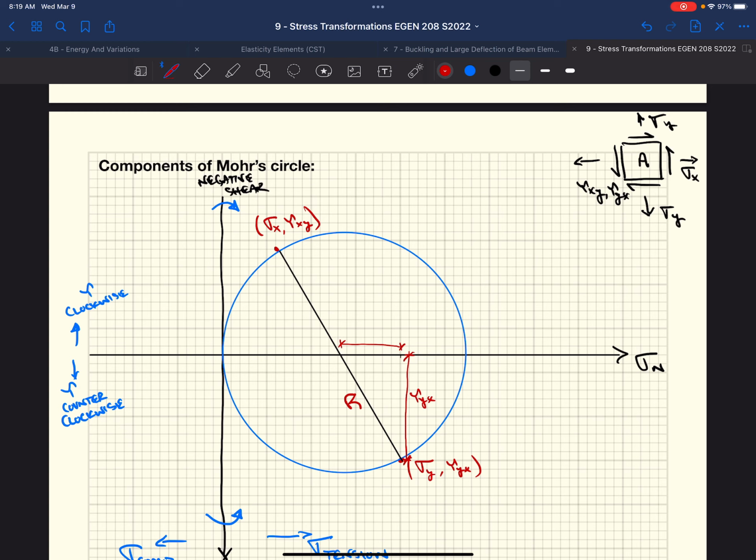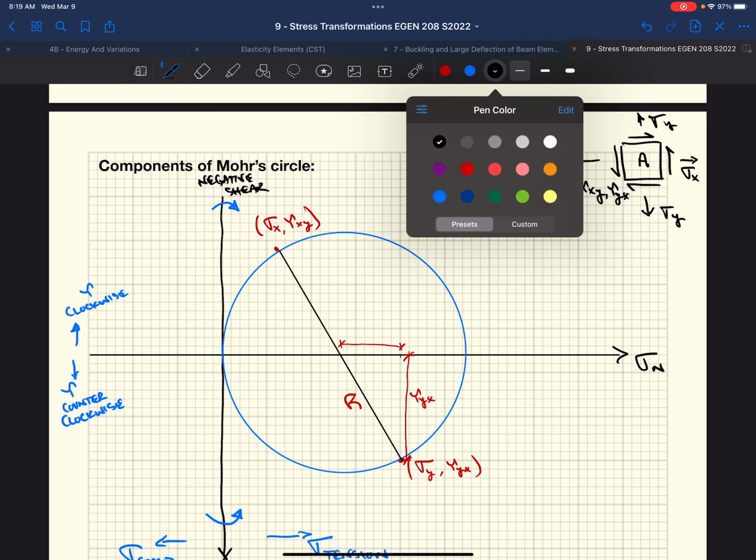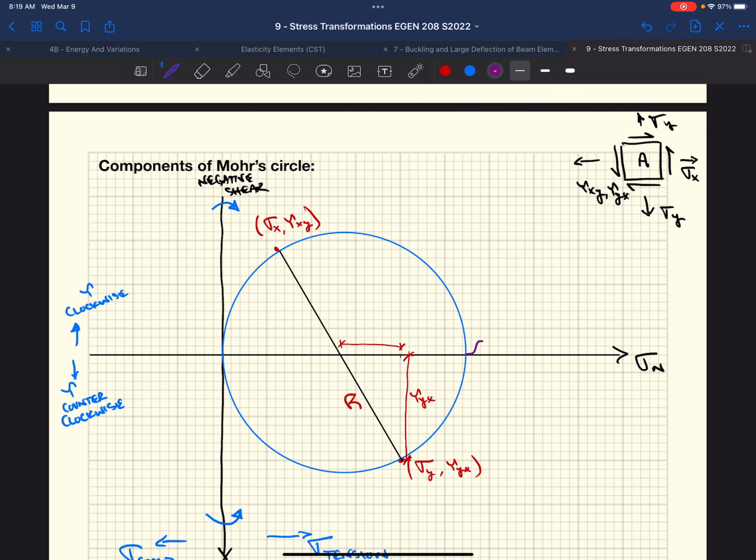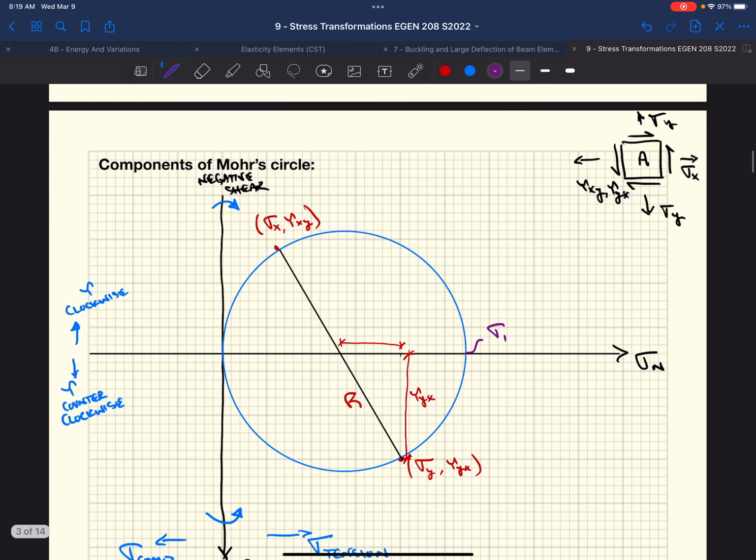The maximum normal stresses we call our principal stresses. We have sigma 1 and sigma 2, the maximum and minimum normal stresses, what we call principal stresses.